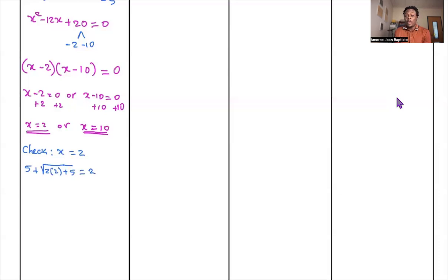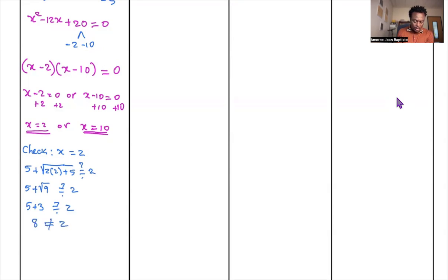Now we're going to verify if this is right or wrong. So we get 5 plus the square root of 2 times 2, which is 4. 4 plus 5 is 9, so square root of 9. We want to verify whether this is right. So that's 5 plus 3, whether this is 2. This is 8, so that's not 2.